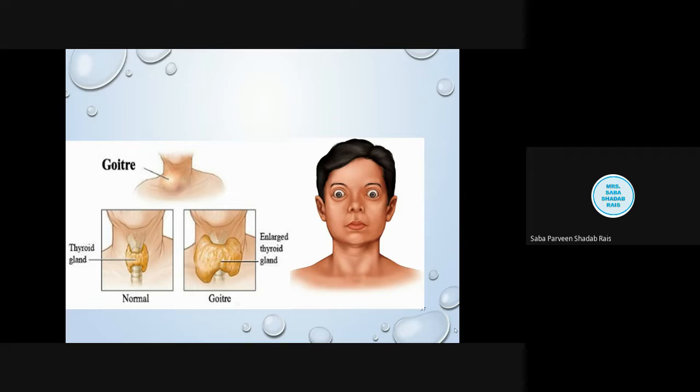Because of that, the bone calcium and phosphorus quantity will decline, and they are going to develop osteoporosis. And mentally also they will be very emotional and restless.